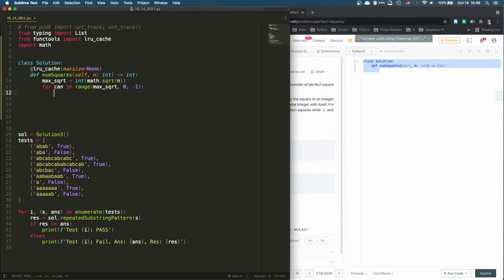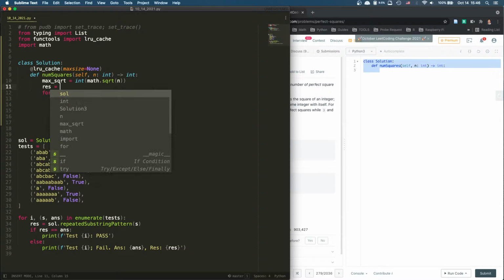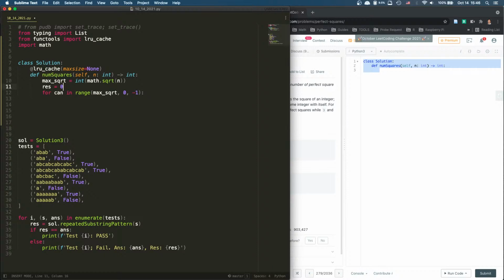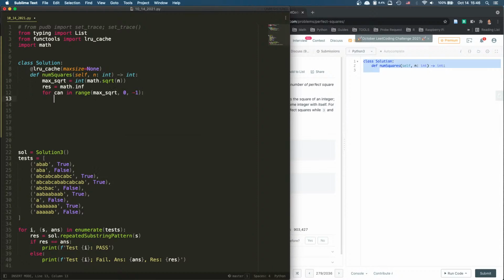So what do we do? We're gonna call res equals 0, right? Res is 0, and then actually res is not 0. Find the minimum, so res is max.inf, and then for each one I have the candidate, so we have the remaining value is n minus candidate.